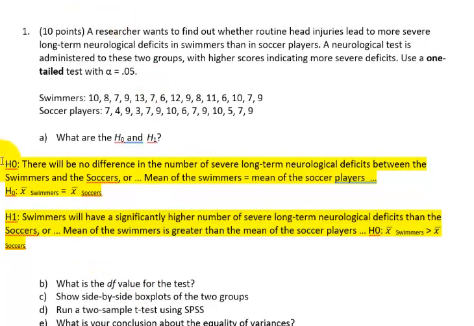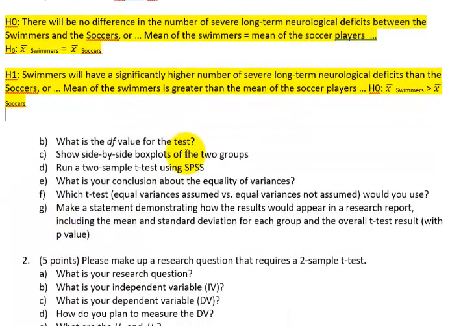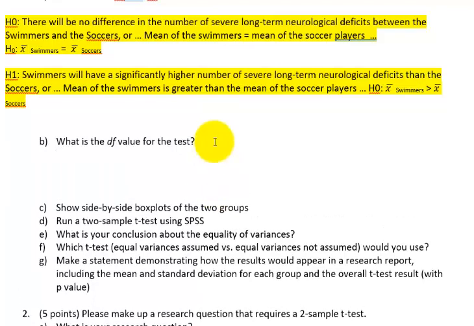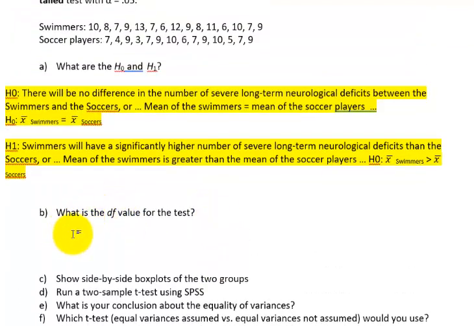So now we're going to try to shoot down the old null. We're going to shoot that sucker down, because if we shoot down the null, we can accept the alternative as true, okay? So degrees of freedom for the test. Does that mean we have to run it? No, not at all. Degrees of freedom is the total number of people minus the number of groups. Always.